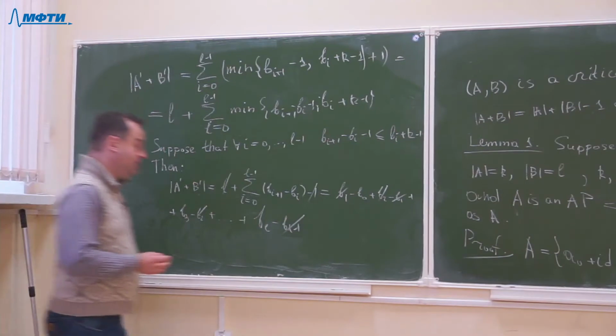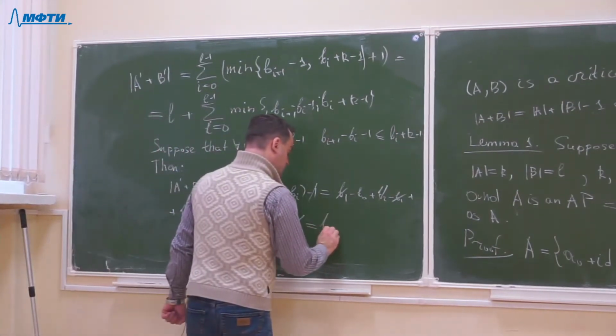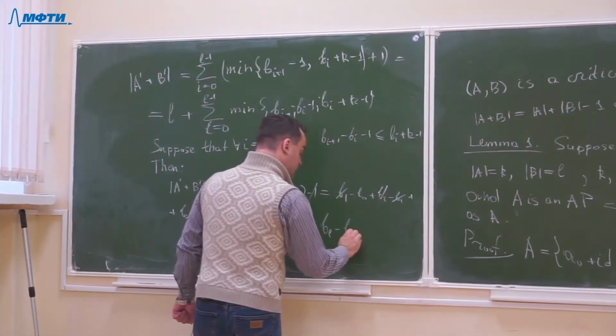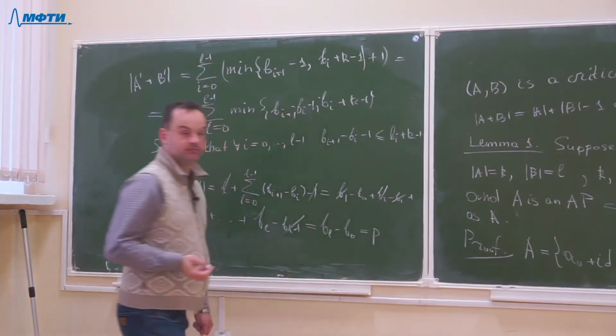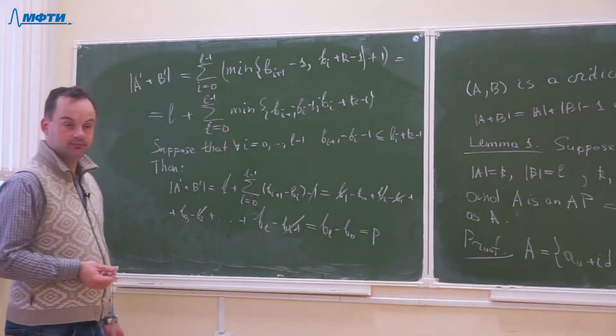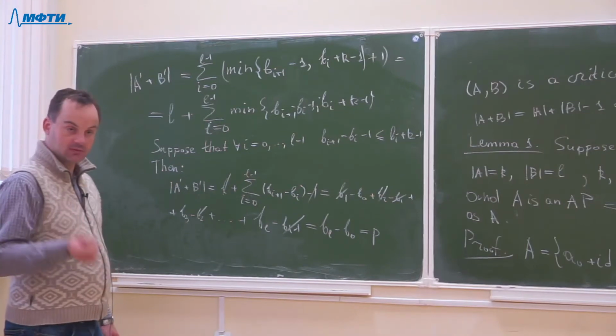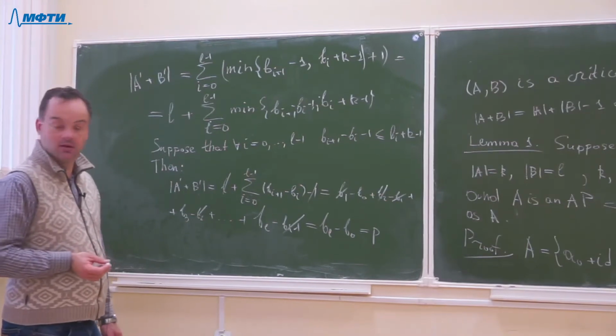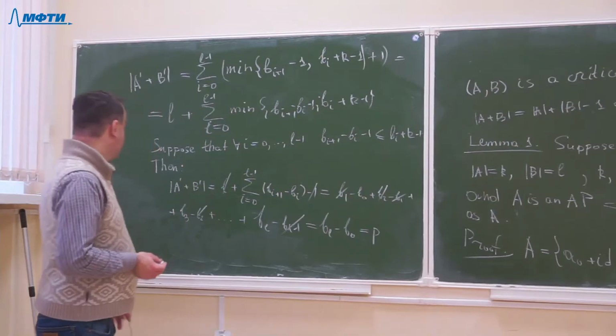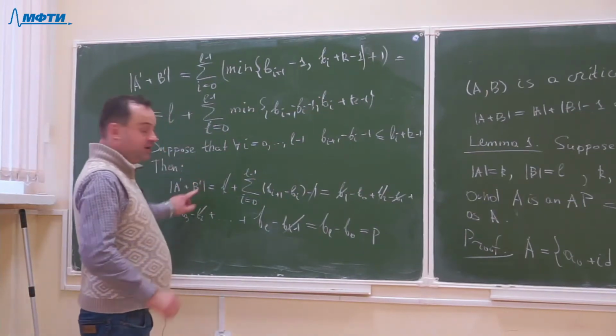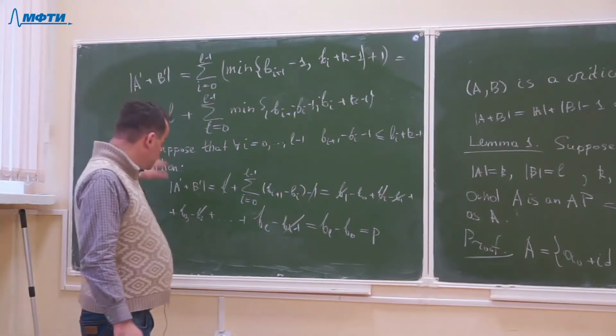So it's BL minus B0, so it's P. Okay, but this is impossible because the pair A prime, B prime is critical.